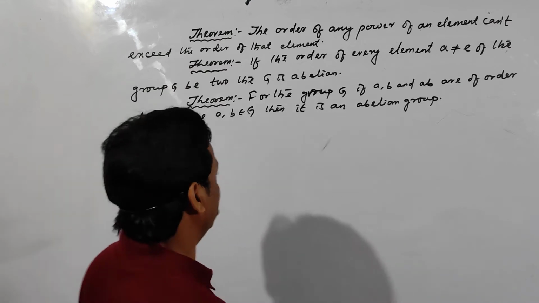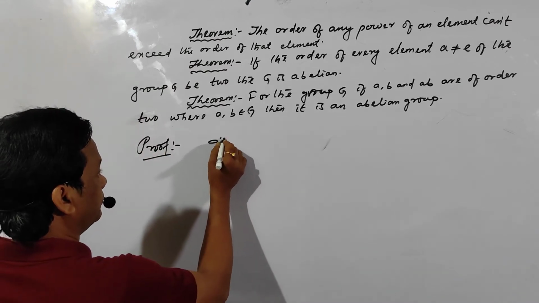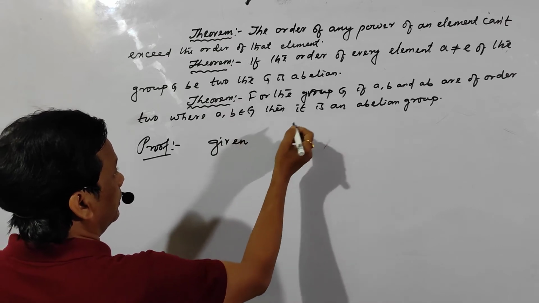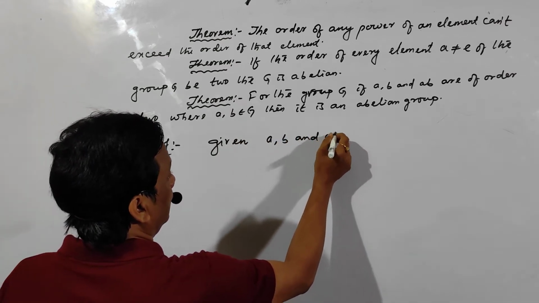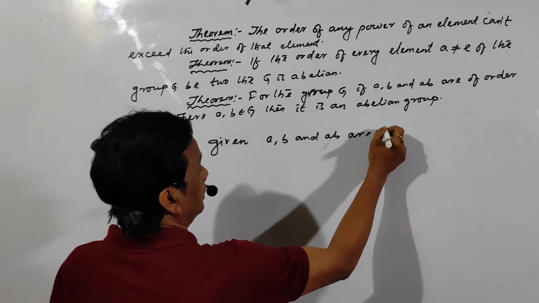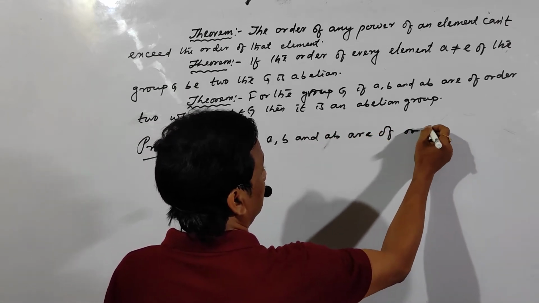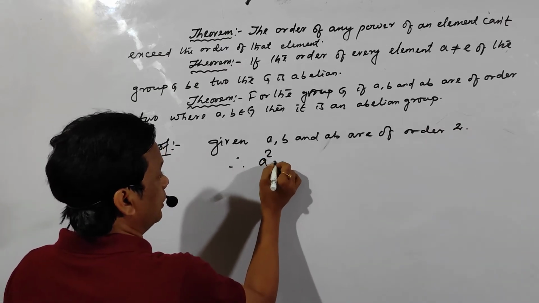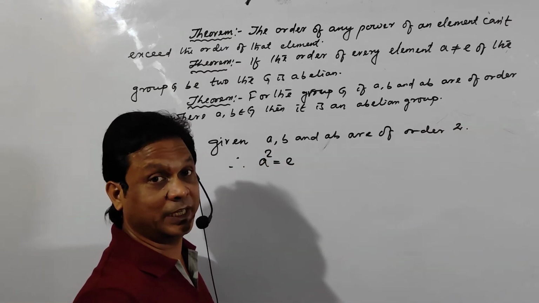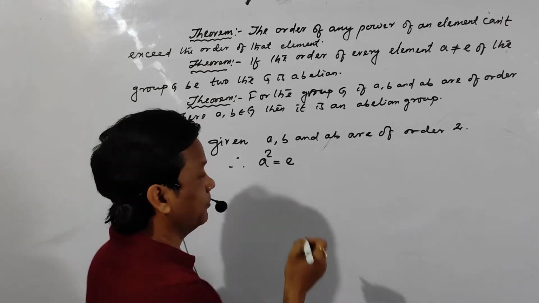Okay. See here. Given A, B and AB are of order 2. So therefore, A square will be equal to E, where n is 2.